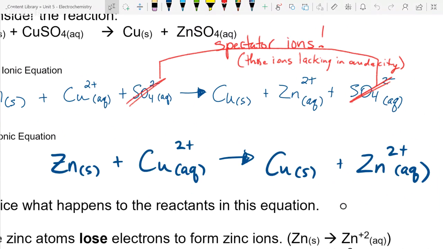It changes state, so it goes from being solid to being aqueous. What else changes? It has a charge of 2+, which means it has lost two electrons. So zinc has lost 2 electrons. Where did those electrons go?